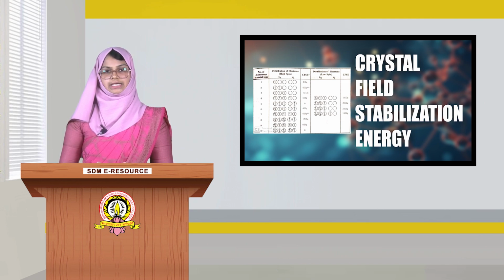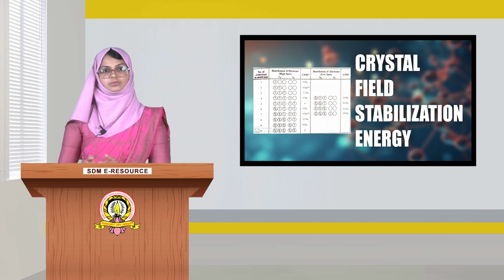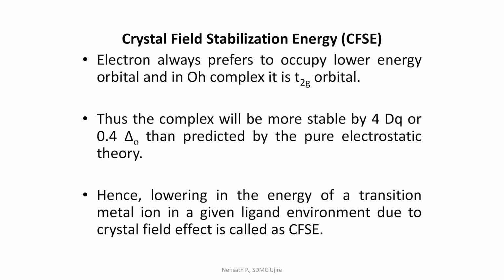by minus 0.4 delta O, or minus 4 Dq. Similarly, the eg level is raised by plus 0.6 delta O, and this is how the splitting stabilizes the electron. In the T2g we have three orbitals, dxy, dyz and dzx.